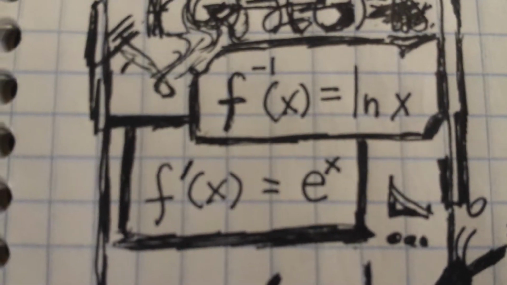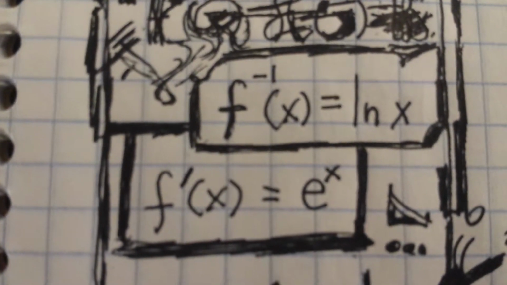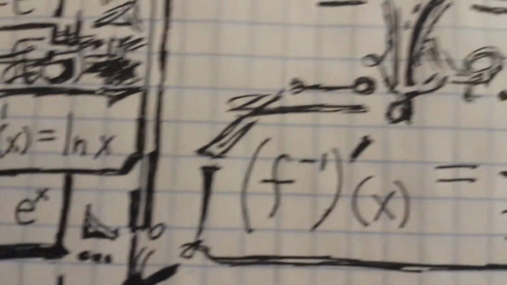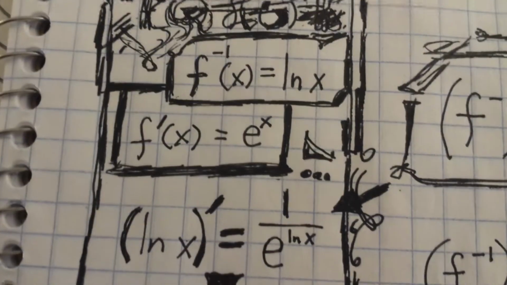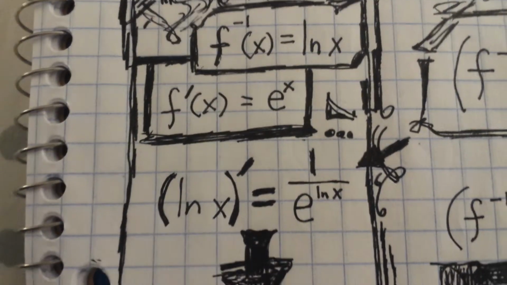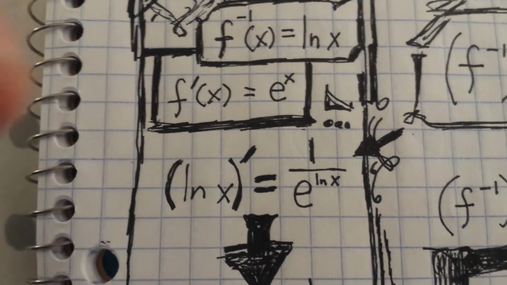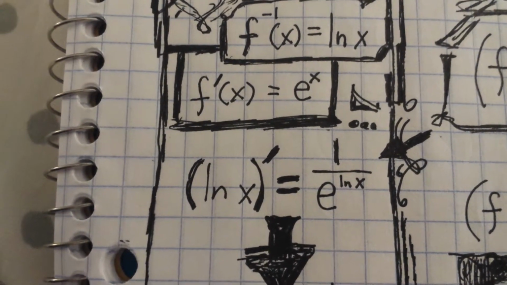And the derivative of the function e to the x is e to the x. And so, by going by this equation, we plug those in, we get the derivative of ln of x is equal to 1 over e to the power of ln of x.